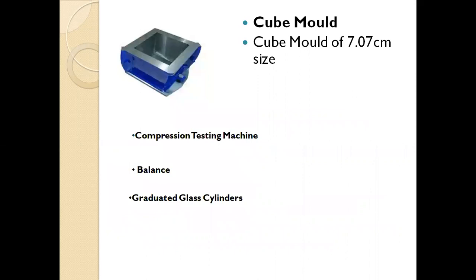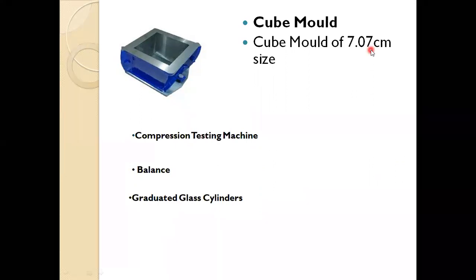Next is the mold. These are the molds which are available in a size of 7.07 centimeter by 7.07 centimeter by 7.07 centimeter. That is, the internal dimensions are 7.07 by 7.07 centimeter, and the depth or height is also 7.07 centimeter.